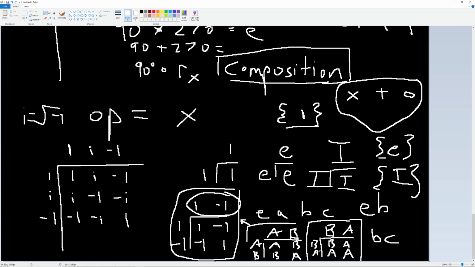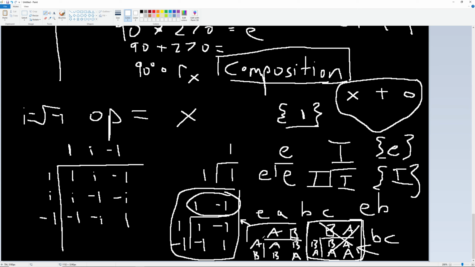B composed with A. Oh wait, I messed it up. This is not going to work. You cannot have both an identity and every element having an inverse in here. So this does not work as a group, as a multiplication table.